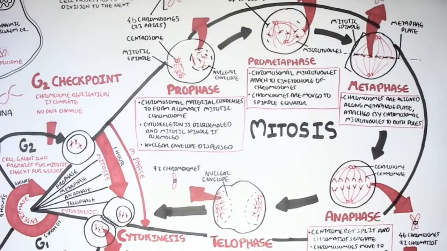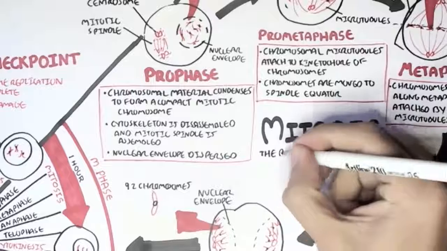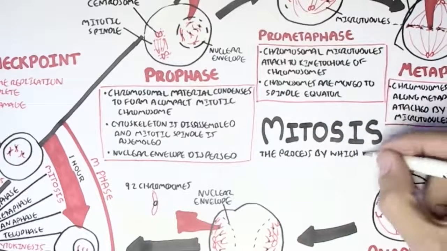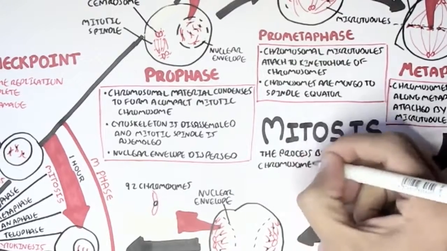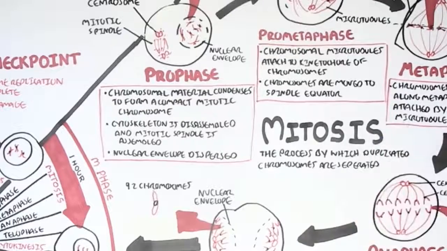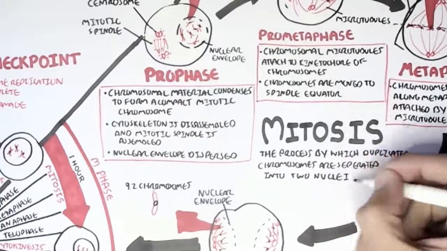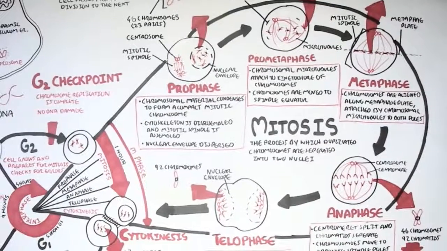So now mitosis can be defined as the process by which duplicated chromosomes separate into 2 nuclei. And this is essentially the division process.